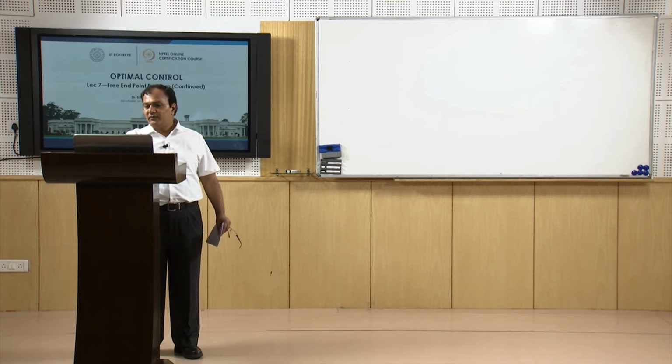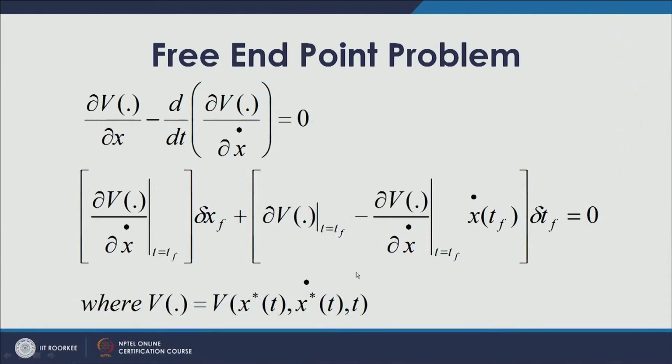So, in that case my delta tf is 0, so this whole term will become 0, and in solving a problem first we will solve the Euler equation, which will lead us to a differential equation whose solution will have certain constants, and these constants we evaluate by using the initial condition as well as the terminal condition.